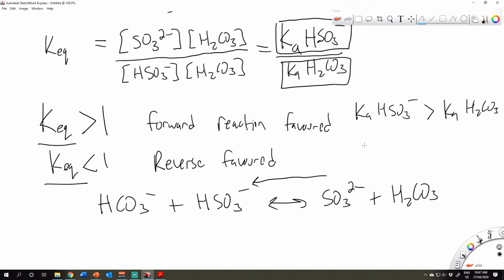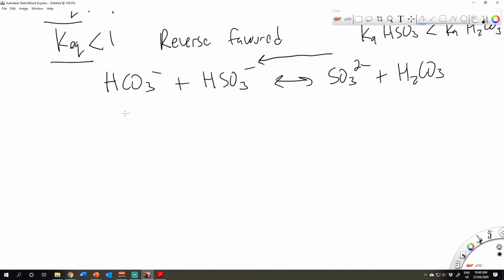And similarly, if KEQ is less than 1, then the Ka of HSO3- is less than the Ka of H2CO3. So we don't even need to do any math. We just have to compare: is the Ka of this acid bigger or smaller than the Ka of that acid? And that'll determine whether the forward reaction or reverse reaction is favored.